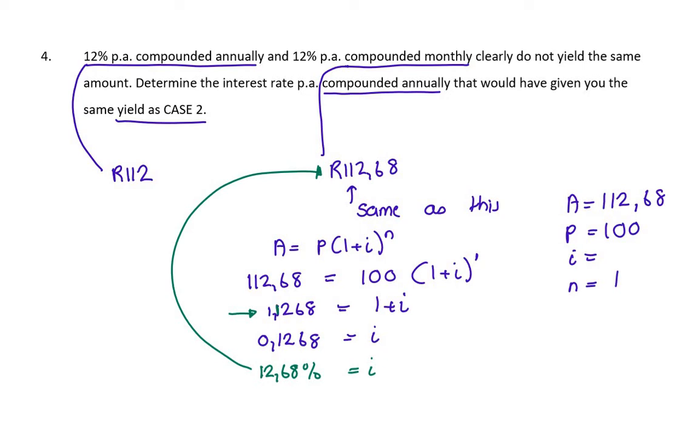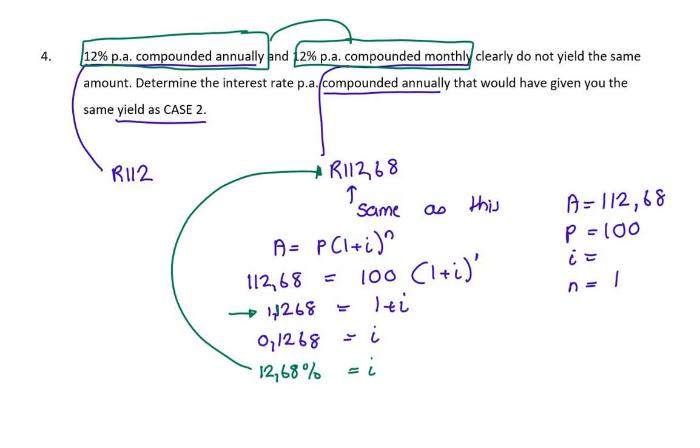Now this is a really important example, because this shows you that 12% compounded annually is not the same effect as 12% compounded monthly. They look the same, but they don't give you the same effect.